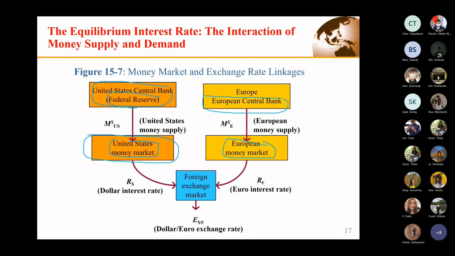So the money market, as we learned with money demand and money supply: when there's more money demand than money supply, or less money demand than money supply, there will be an impact on the interest rate. Similarly, this is the interest rate for the US dollar, and this one is the interest rate for the euro. So we can combine it and look at the foreign exchange market.